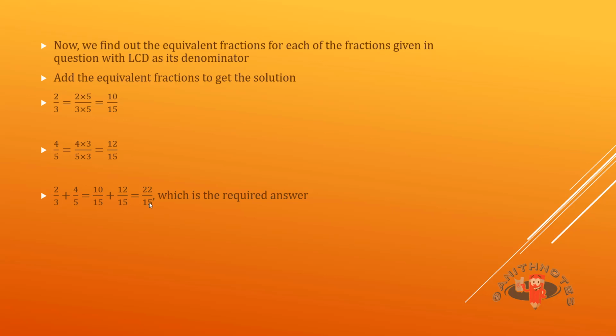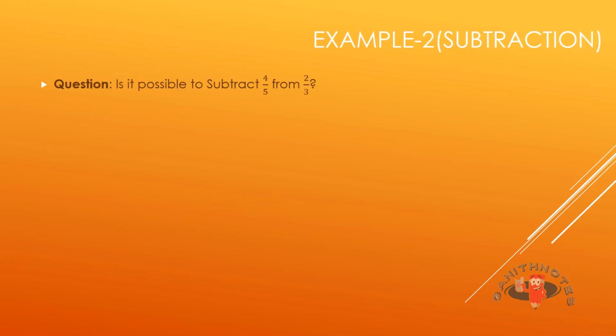So we can add 2 by 3 and 4 by 5 which have different denominators by finding out the LCD and finding out the equivalent fractions, and the required answer for adding up both these fractions is 22 by 15. Okay.